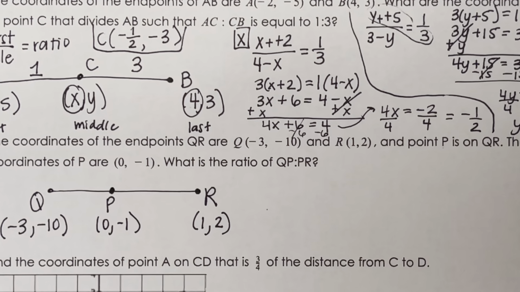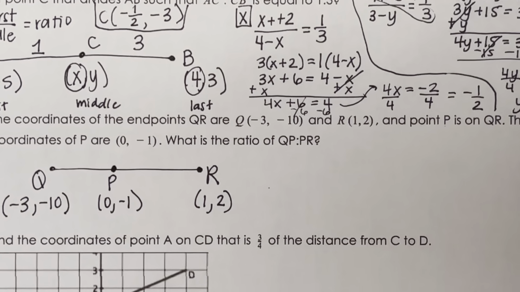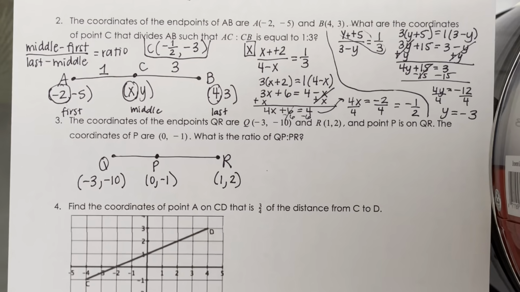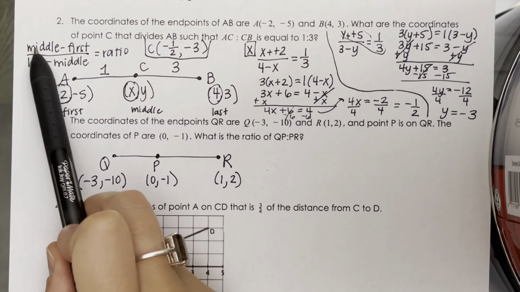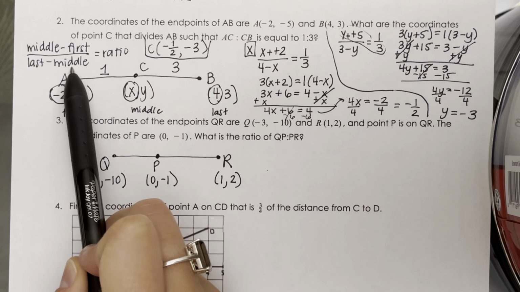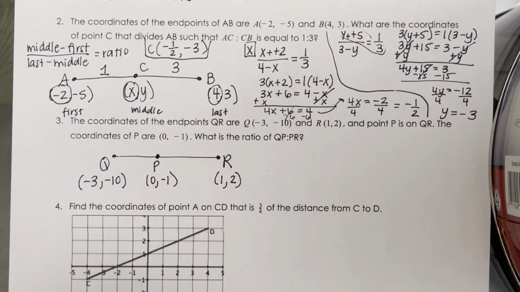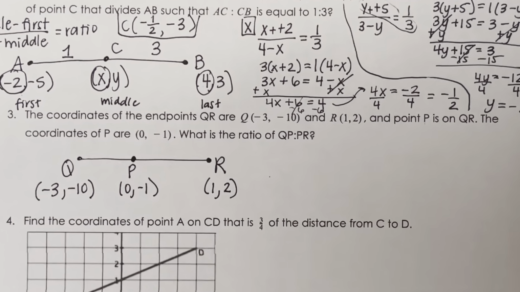So just like the last problem, I'm still going to follow the rule. I'm going to do middle minus first over last minus middle, except this time I'm going to have all the numbers here, and I'm just going to figure out what the ratio is.